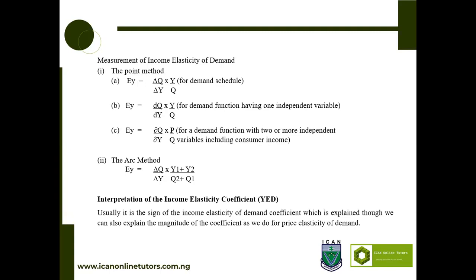EY for demand function having one independent variable is change in quantity divided by change in income multiplied by income divided by quantity. The ARC method: change in quantity divided by change in income multiplied by Y1 plus Y2 divided by Q2 plus Q1.